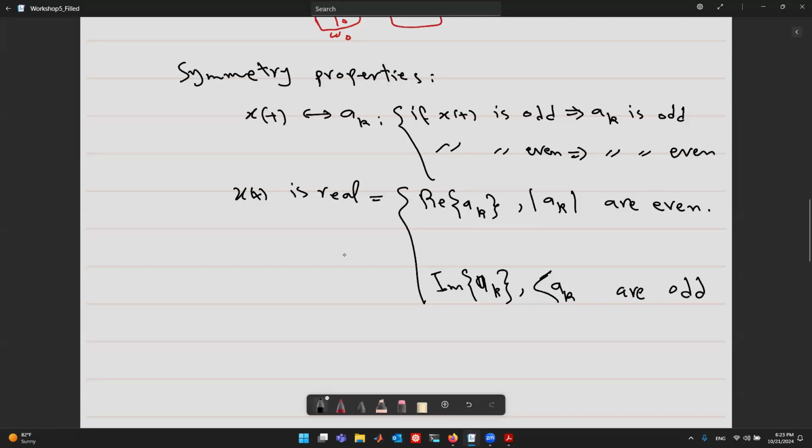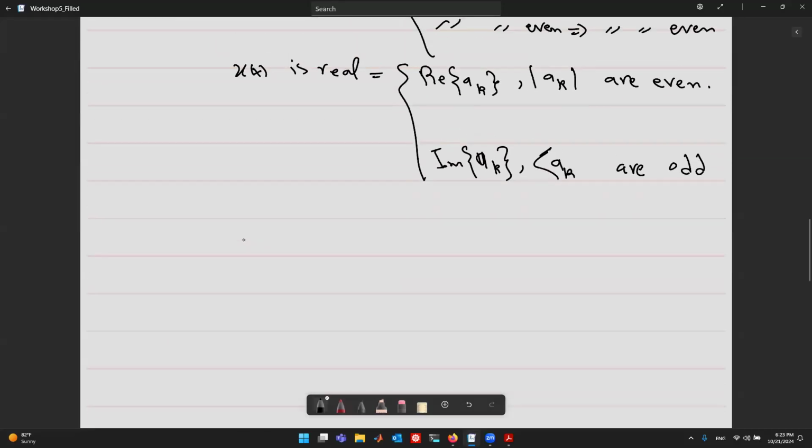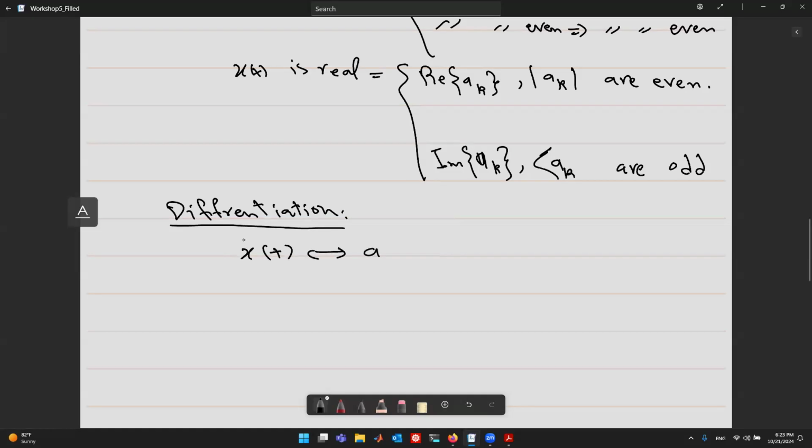I will show the differentiation and conjugation, the differentiation and integration, because those are also very, very important. I mean, not show, I'll review, because I'm sure you remember them from the main lecture. If we have a signal with the corresponding Fourier series coefficients, and then if we take the derivative of this signal, the corresponding Fourier series coefficient will be just multiplied by j k omega naught.